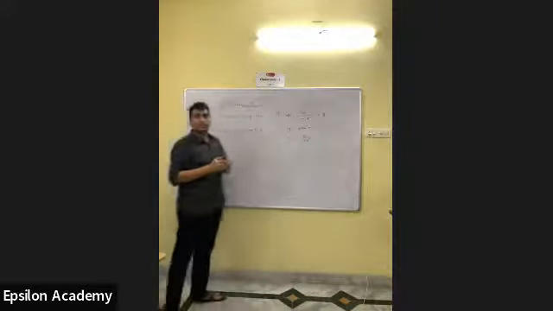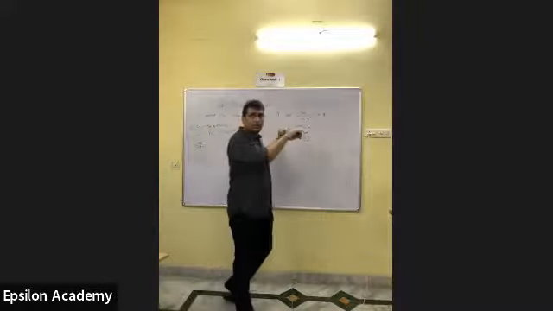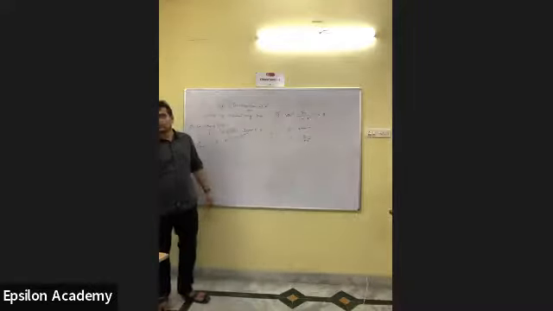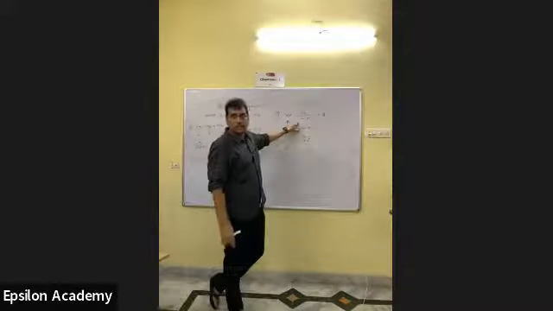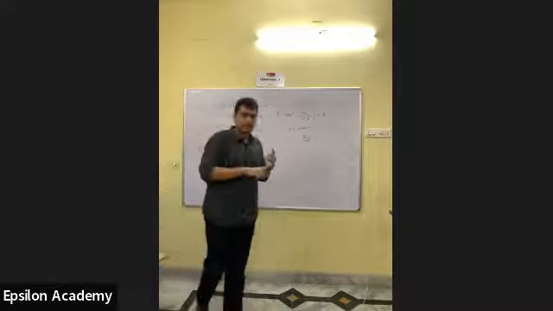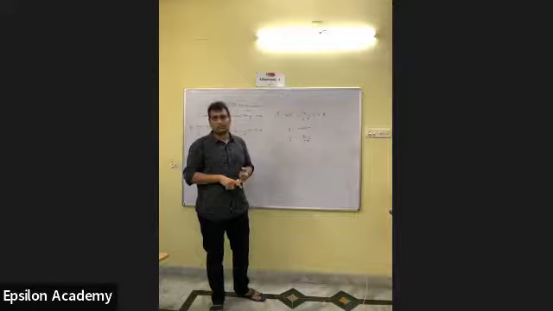One common mistake is they'll start differentiating directly. For sin inverse, the derivative, they'll write 1 by root of 1 minus (2x by 1 plus x square) the whole square. So for most inverse trigonometric problems, instead of using a direct formula, you will have to either do a substitution or simplify it and then solve. You have to understand.